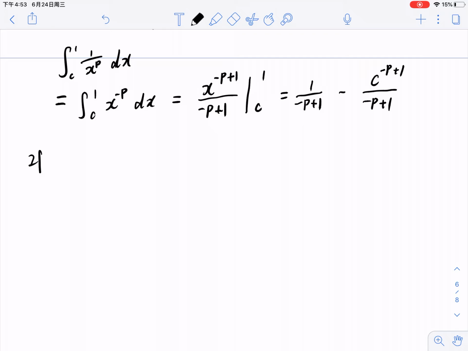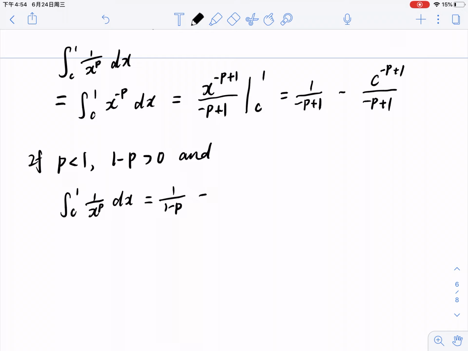So if p is less than 1, 1 minus p is positive, and this integral is 1 over 1 minus p minus c to the 1 minus p divided by 1 minus p.